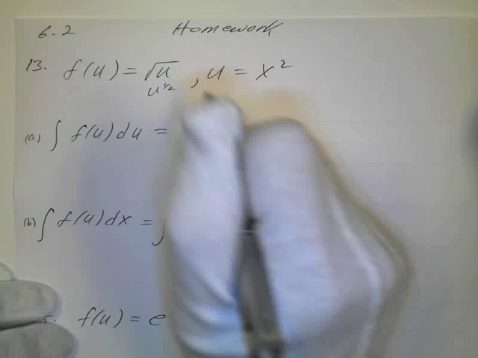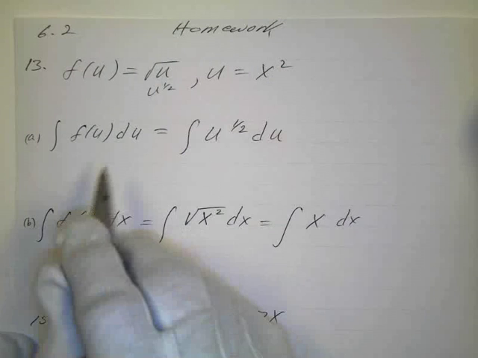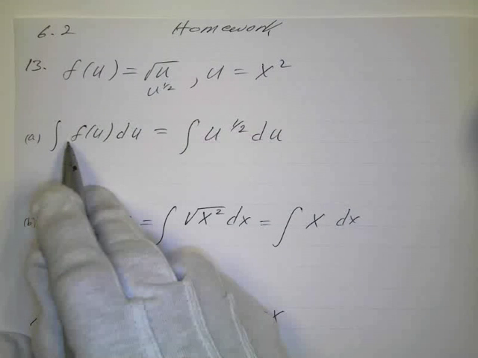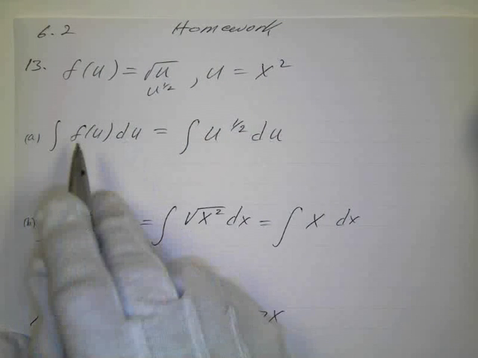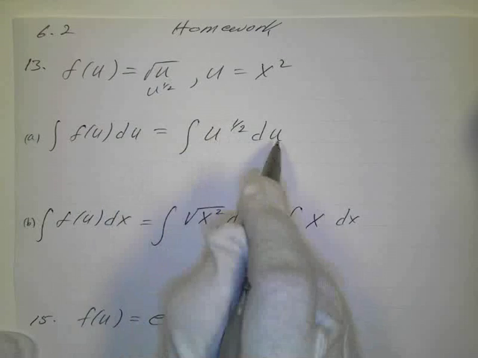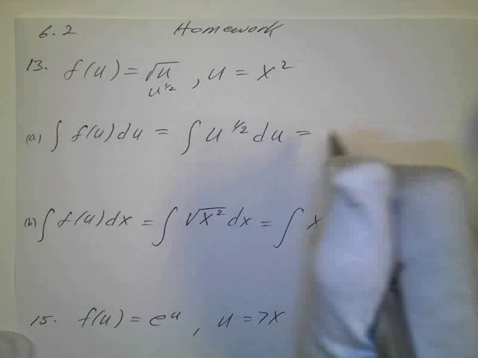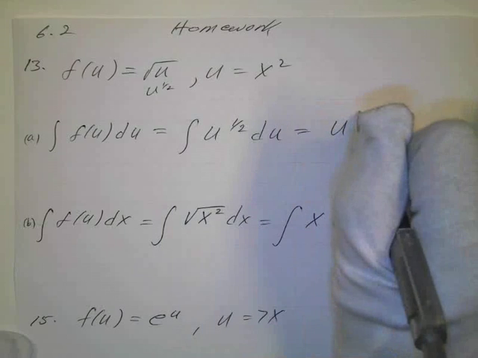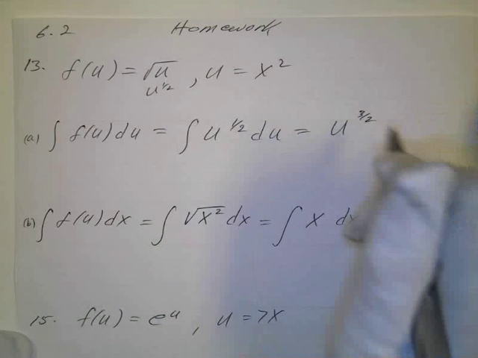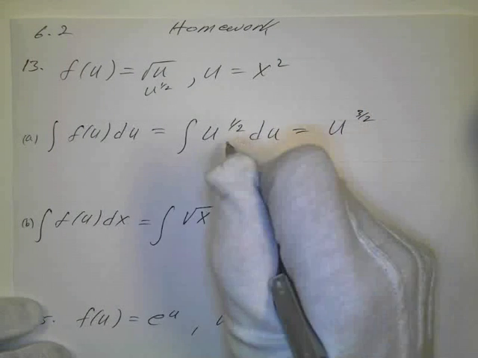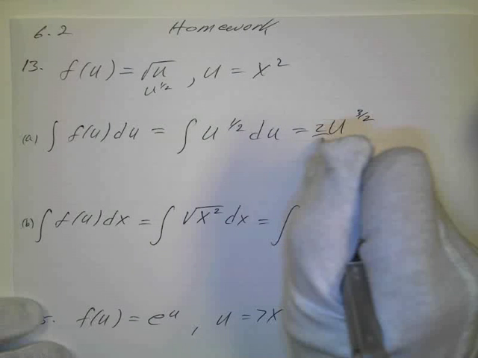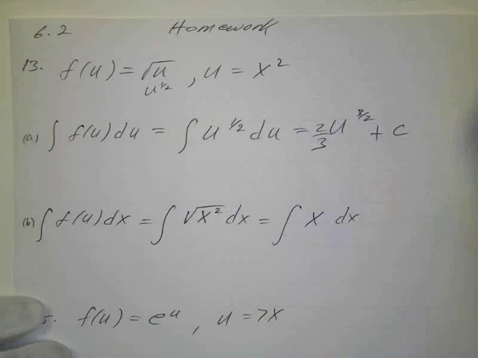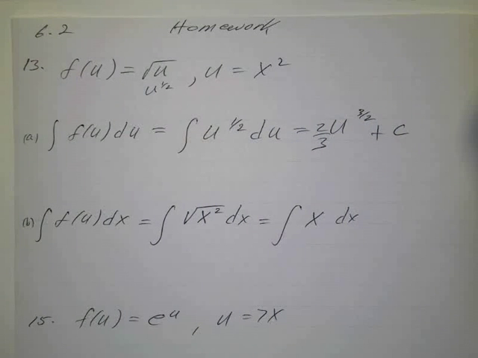And u equals x squared. So if I take the antiderivative of f of u du, f of u is u to the 1/2 du, and how would we integrate that? That's just a power rule, so that would be u to the 3/2 divided by 3/2, or times 2/3, I can save a step there, plus c. So that's all that is.